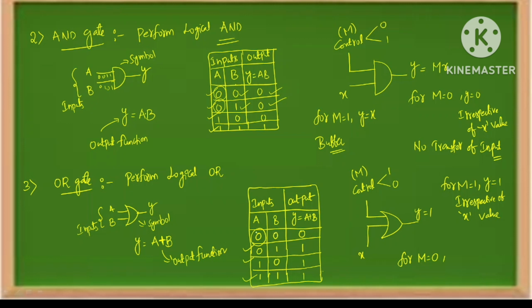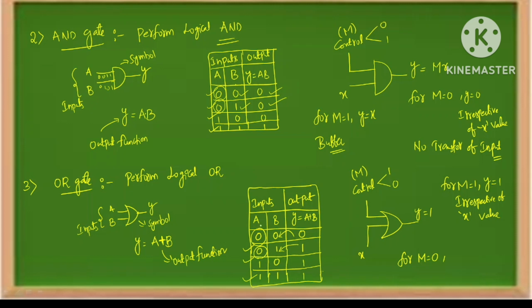If A is 0, Y depends upon the B value. If B is 0, Y is 0. Similarly for the second combination, A is 0 but B is 1. As B is 1, Y is also 1. So whatever input we apply, we get the same output if the control input is 0. That is the meaning.